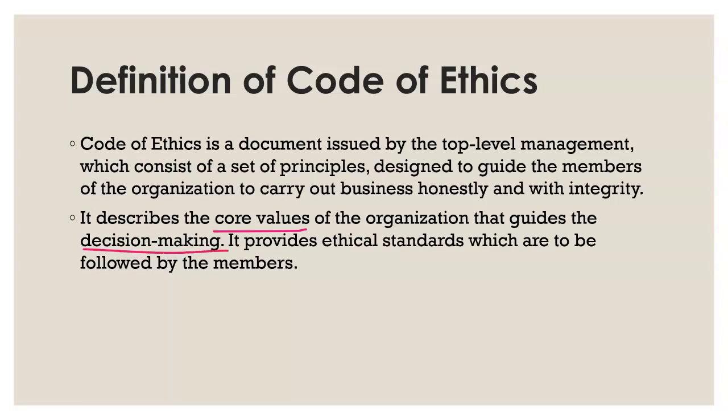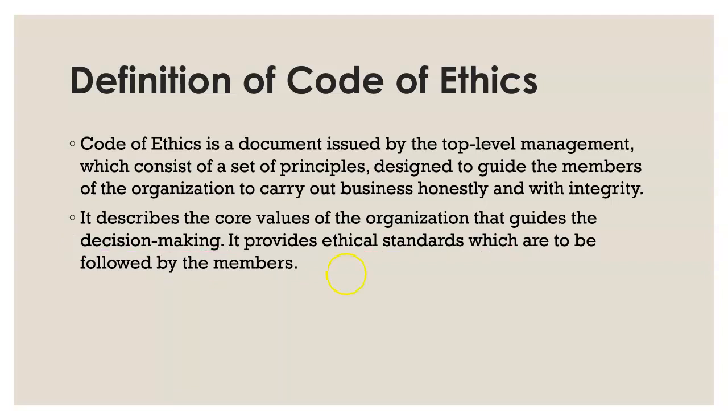Whenever we have to take a decision, we have to think from the perspective of the code of ethics also, whether that is good or not. Because at times we are making a lot of profit, right? But it might not be good for the society or for any particular community of the society. So we will definitely take a stand against that decision. We will not go in favor of that decision. So it provides the ethical standards for everyone, and everybody working in the organization follows the code of ethics.